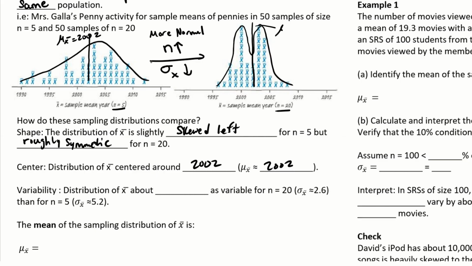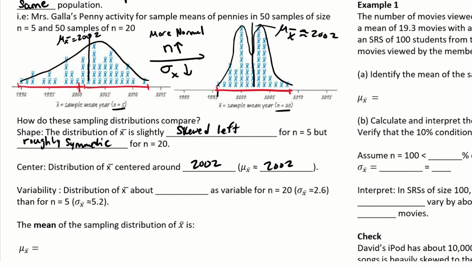So notice that they both have the same mean, but they have different variability. The distribution on the left is more spread out or variable than the one on the right. If you were to put a number on it, and estimate how many of the right one's spread fit into the left one's, it looks like almost about 2 times.